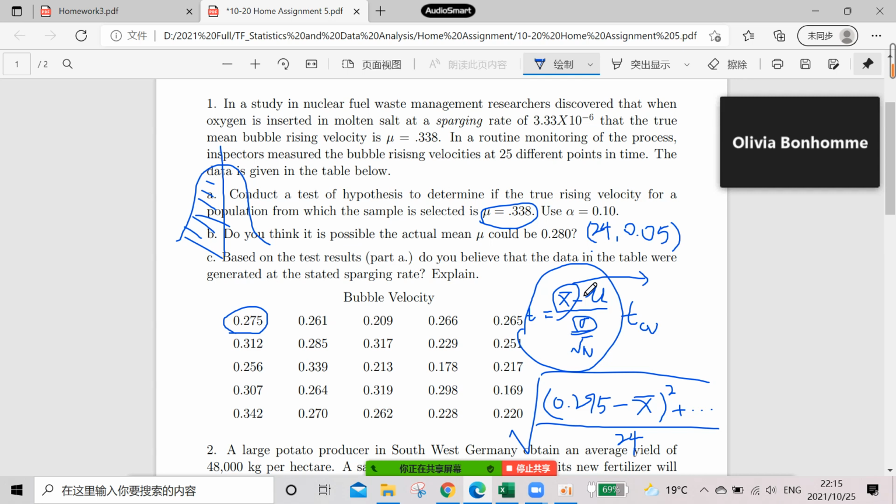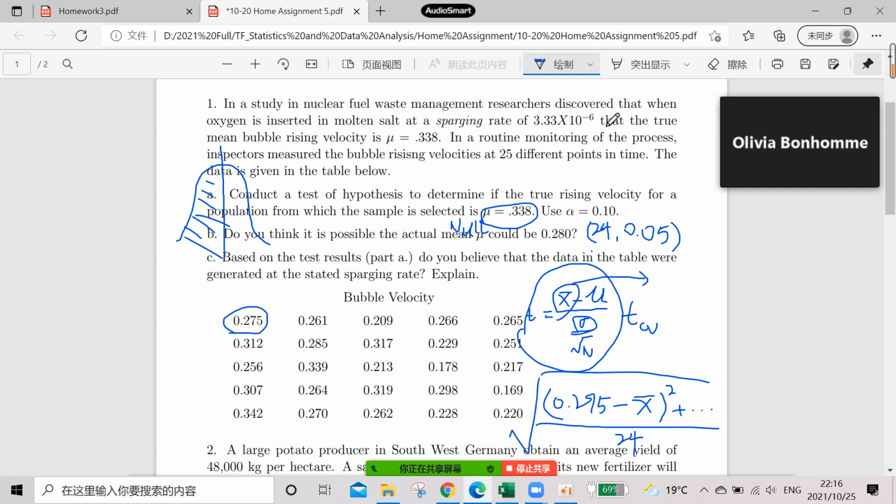Could it be possible that the mean of the population is mu? We just have the null hypothesis here. It's not the actual mean of the population. It's just our hypothesis, and actually it's something we want to reject. And it's over the standard deviation divided by the square root of n.